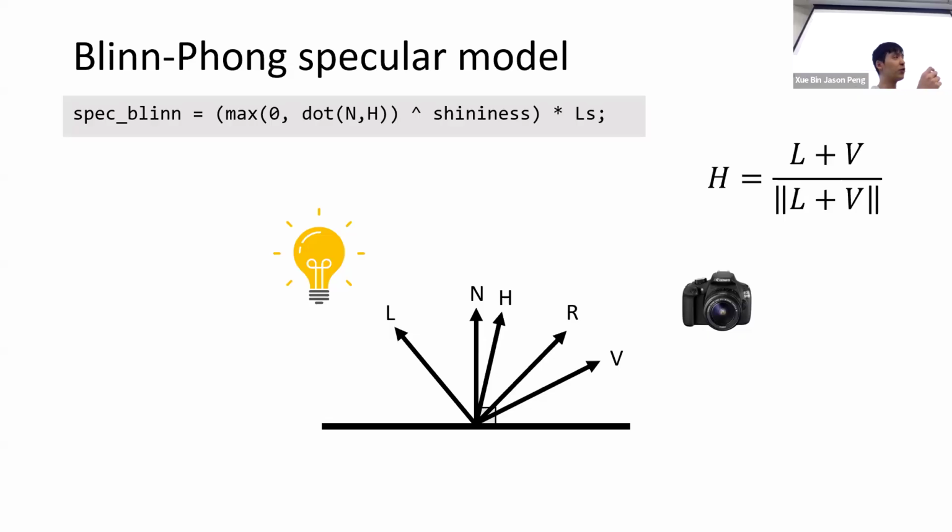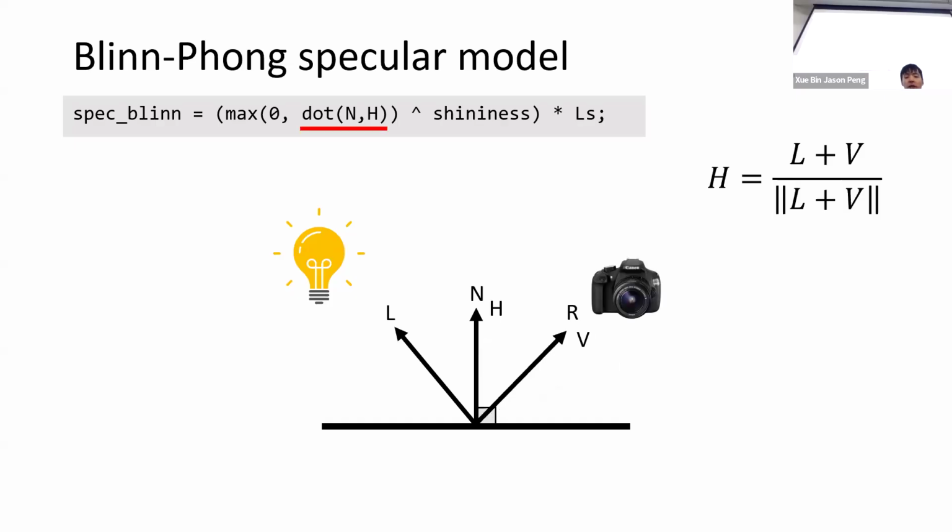So this is a little bit of a strange vector. And we are going to use this to calculate our dot product instead of using the reflection vector. Okay, so this might seem a little bit strange at first, but let's go through the behavior of this half vector under different configurations of the scene. So let's say the camera was exactly along the reflection direction. So the view vector and the reflection vector are perfectly aligned.